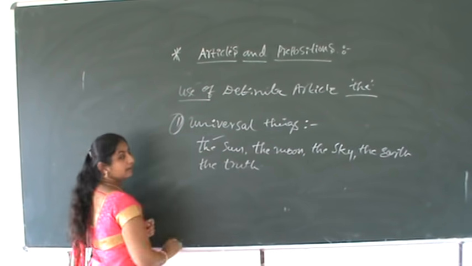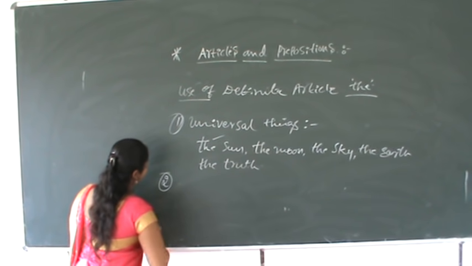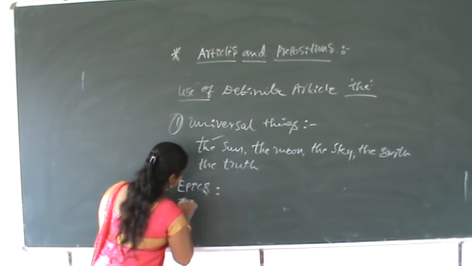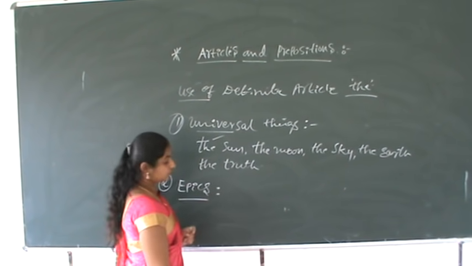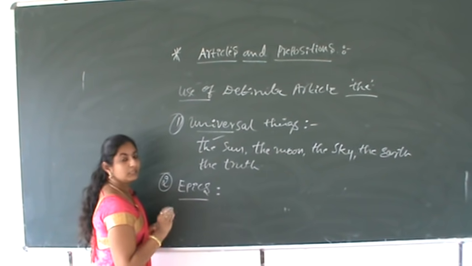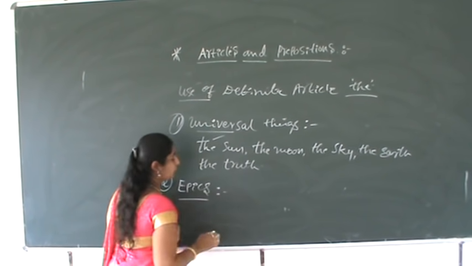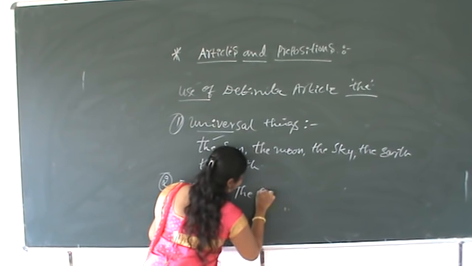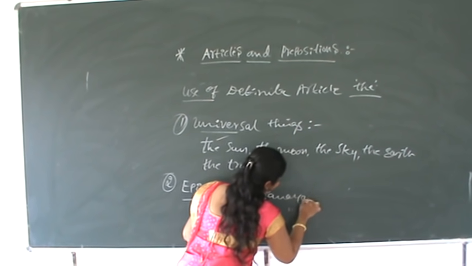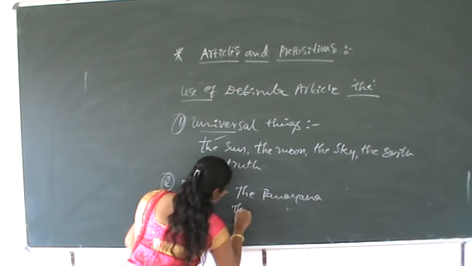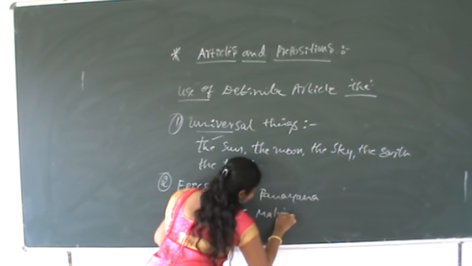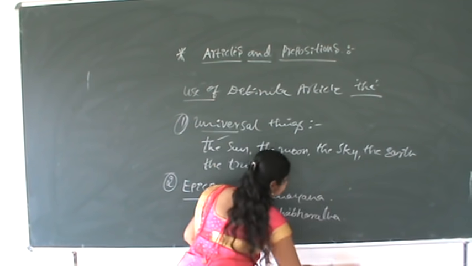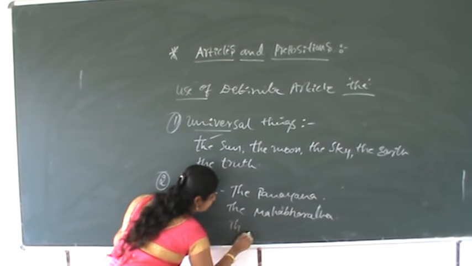This is the first point, and the next, before the names of the epics, we are going to use the definite article called the. Here the epics are what we call some great works: the Ramayana, the Mahabharata, and the Iliad, the Odyssey.